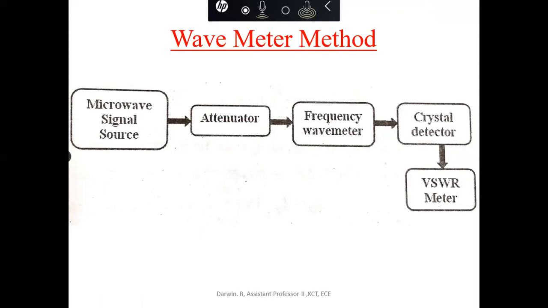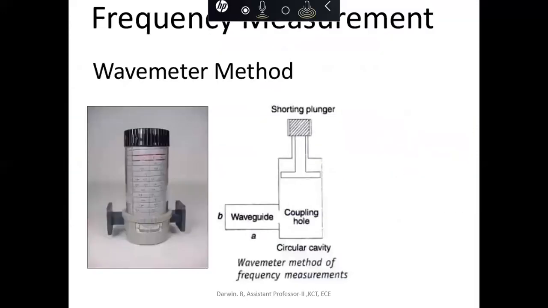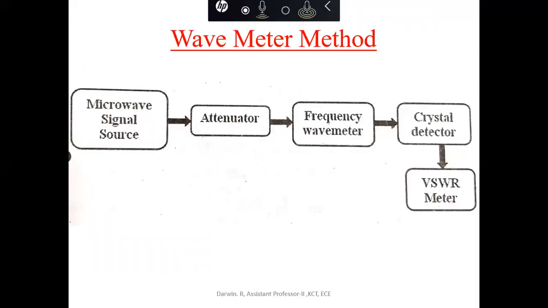That's why, once the dip is there in the CRO, we say that is the frequency of the particular signal. So this is the frequency measurement using the wave meter method.